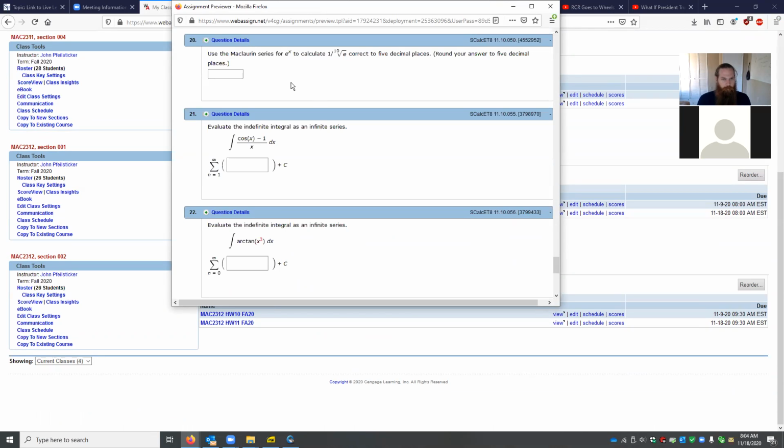Oh yeah, okay. Use Maclaurin series to approximate one over the 10th root of e, correct to 5 decimal places.